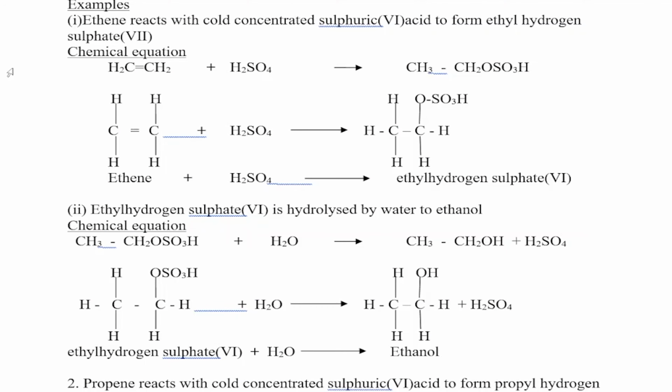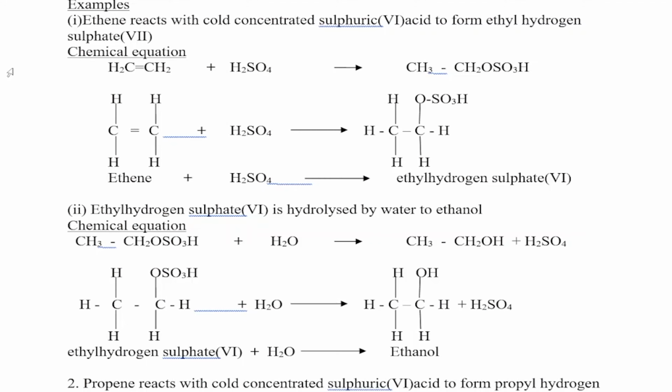When you add sulfuric acid to ethene, the first thing that happens is the sulfuric acid splits into a hydrogen and a hydrogen sulfate. Now the O of the hydrogen sulfate becomes attached to the carbon to give us a compound called ethyl hydrogen sulfate, as you can see here.